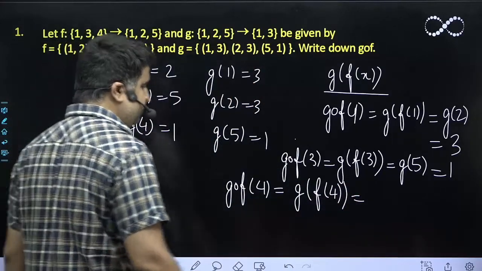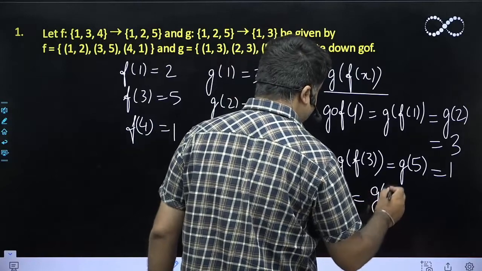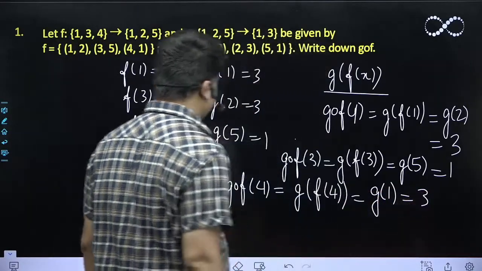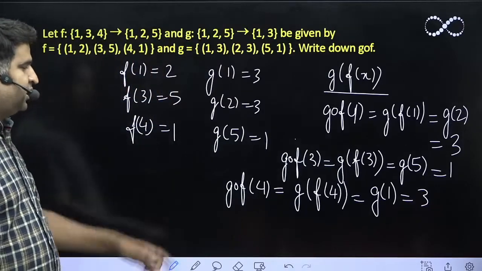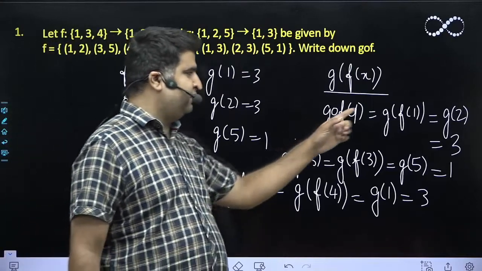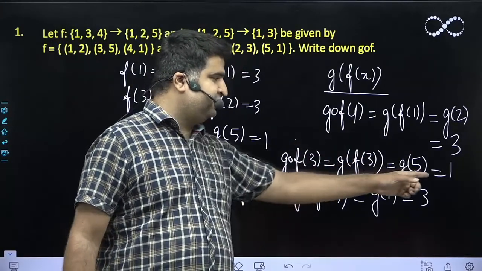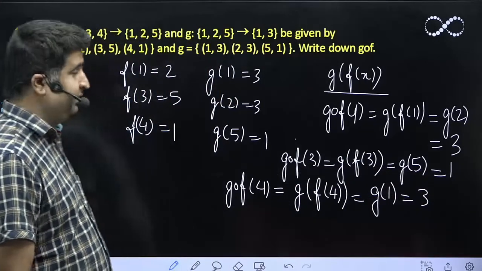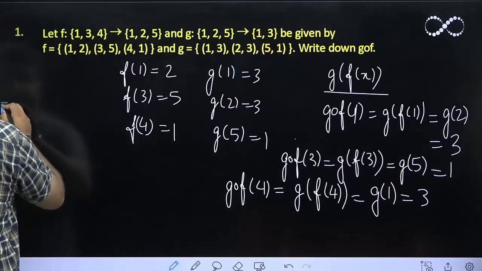This is equal to 1. So this becomes g(1), and this is equal to 3. So this is how we find g∘f. So g(f(1)) is 3, g(f(3)) is 1, g(f(4)) is 3. So let's move on to the next question.